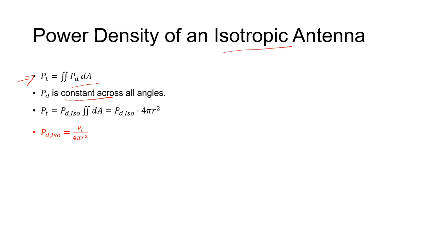Then this is just a constant, so we take it out of the integration, and then we take the double integral of dA, the unit area, which results in 4 pi r squared. Then we reformulate this, and we can reach that the power density, which is a constant for an isotropic antenna, is calculated as Pt over 4 pi r squared.